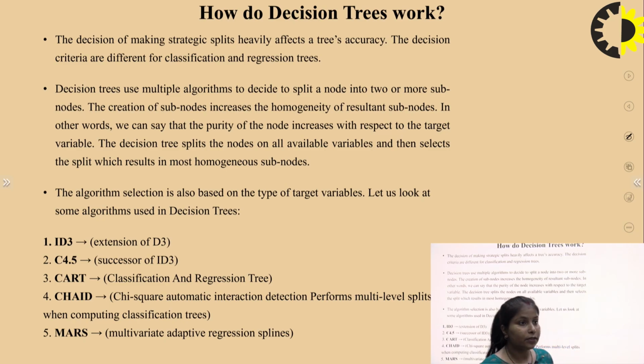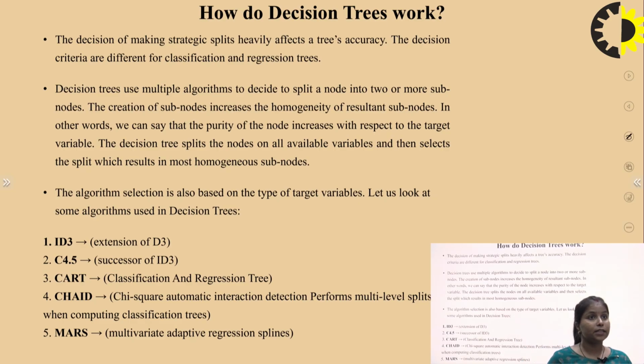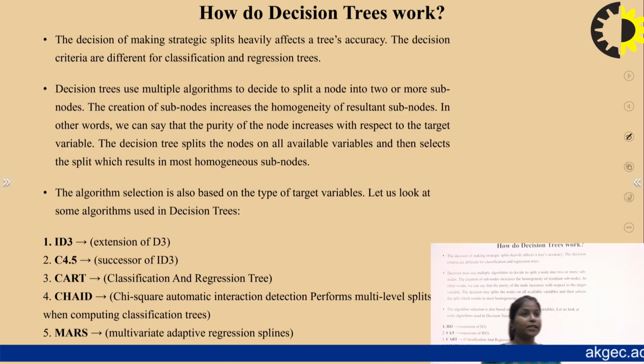Now, how does a decision tree work? How do decision tree algorithms work? Decision-making strategy splits heavily affect tree accuracy, with different decision criteria for classification and regression trees. In a decision tree, different data sets are used for classification and regression, and decision trees use multiple algorithms to decide to split a node into two or more subnodes.